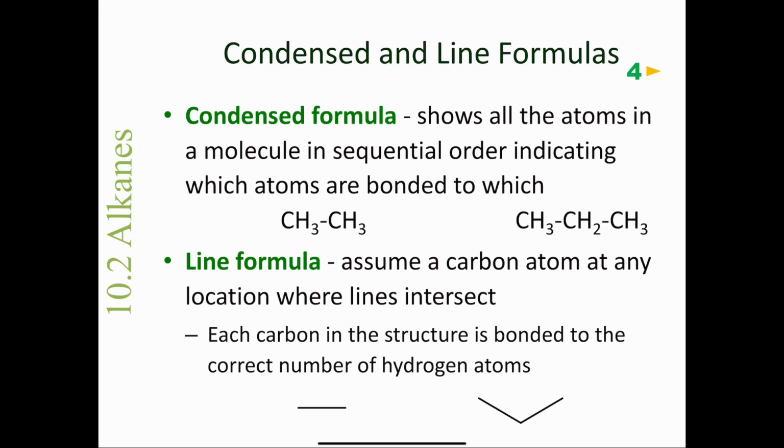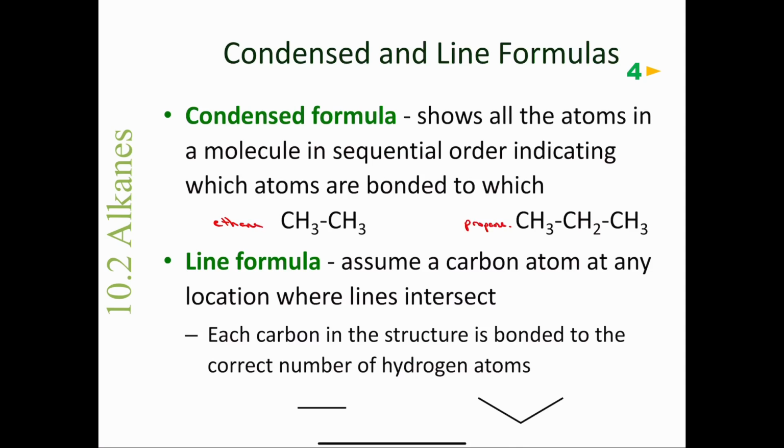The way that we solve this problem is by using what we call the condensed formula. The condensed formula shows all the atoms in a molecule and places them in a sequential order that indicates which atoms are bonded to which. The following are condensed formulas for ethane and propane. This first one here is ethane, and this one over here is propane.